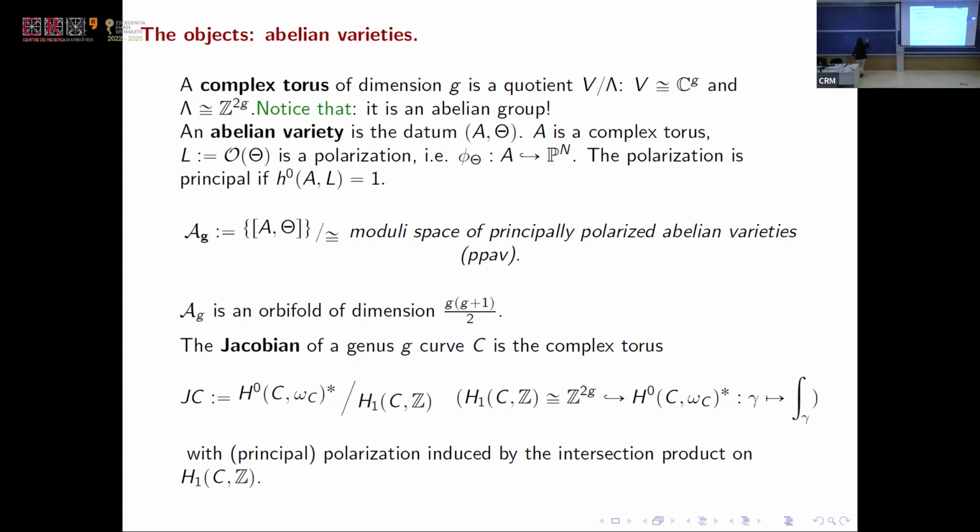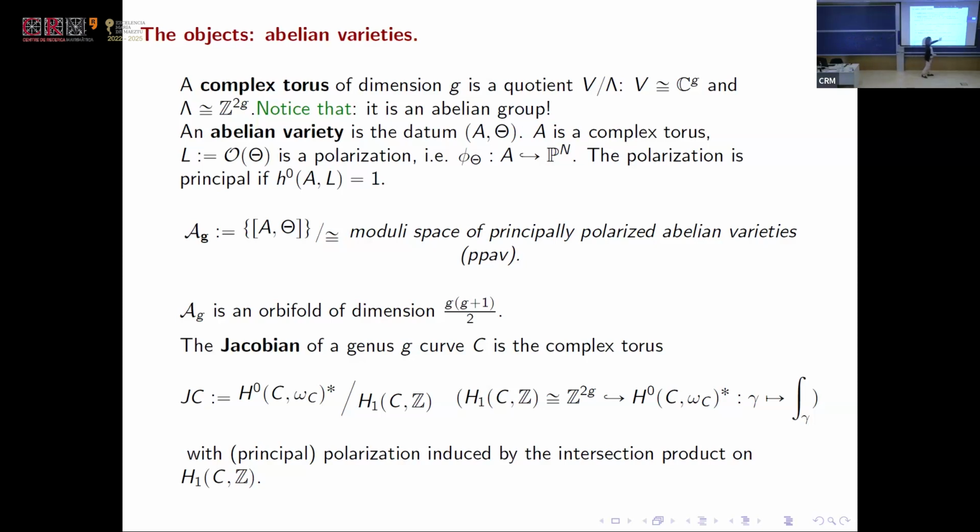A basis is provided by taking precisely the images of these edges. A_1 is this loop and B_1 is the loop going around the hole in this direction. Then we have A_2 and B_2 and so on. This is a basis of this vector space.